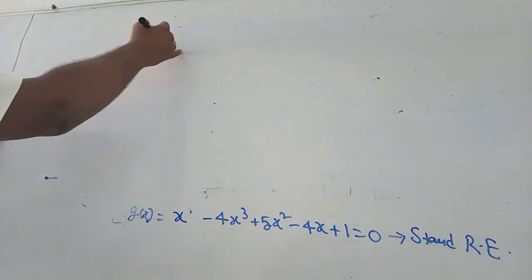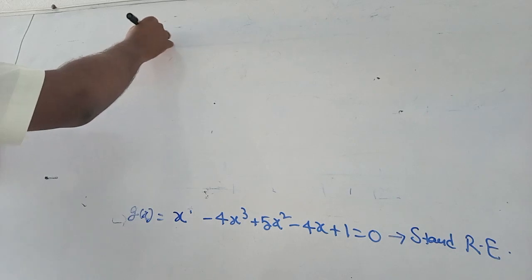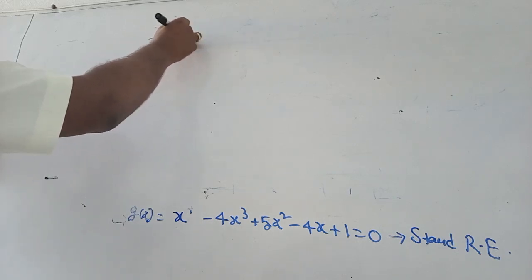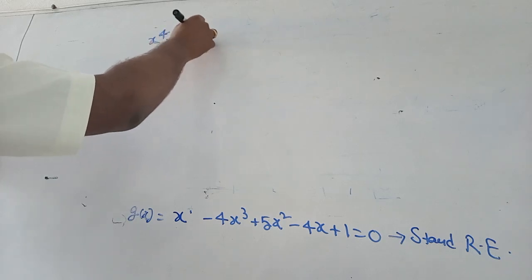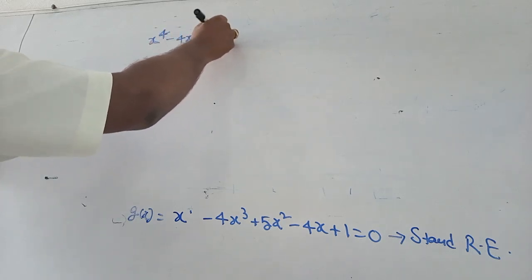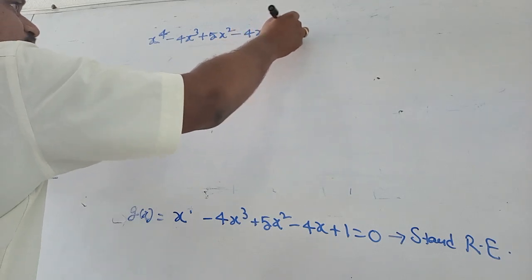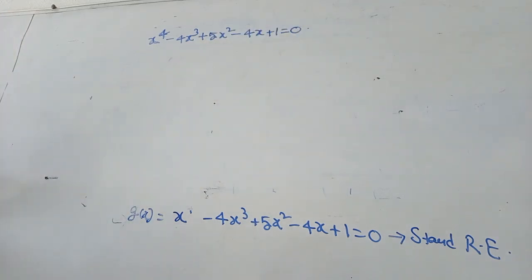Now our equation is x power 4 minus 4x cube plus 5x square minus 4x plus 1 is equal to 0. Right? This is what we are having here.